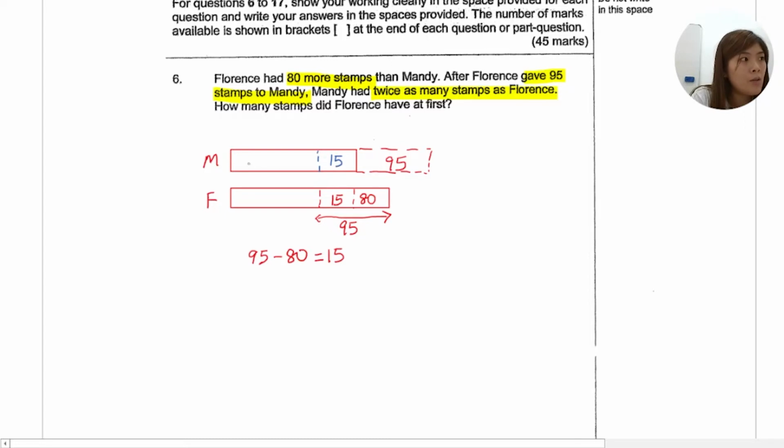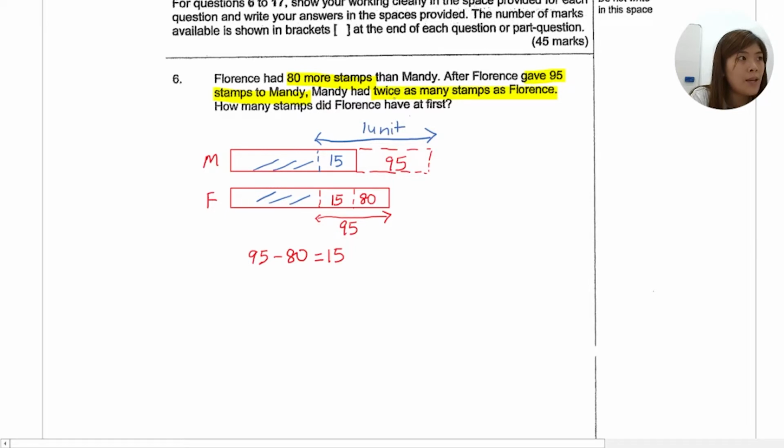Now here is the same as here. Twice meaning what? Mandy has 2 units, Florence has 1 unit. These two are the same, so that means here is 1 unit.